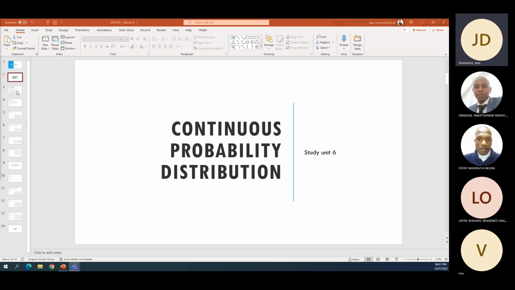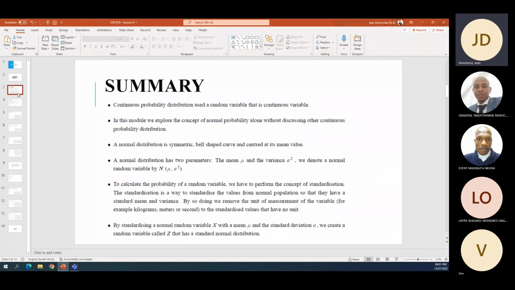I've shared a summary this afternoon around chapter 6. You'll see as we go through some of the questions that this is a study unit where they prefer to look at some of the definitions, within your assignment but also within your exam.